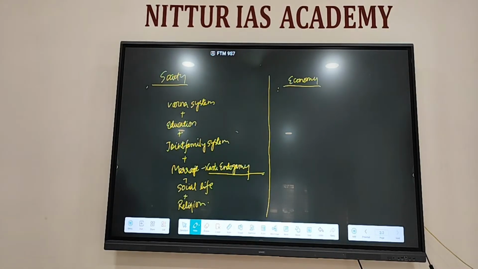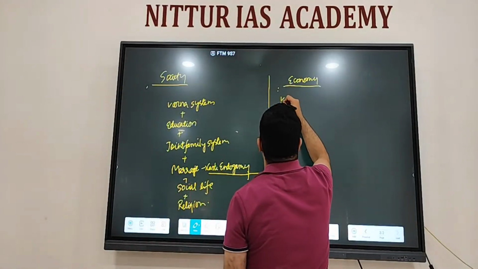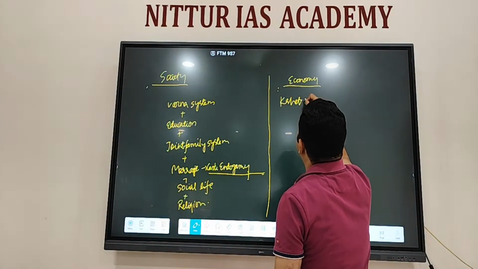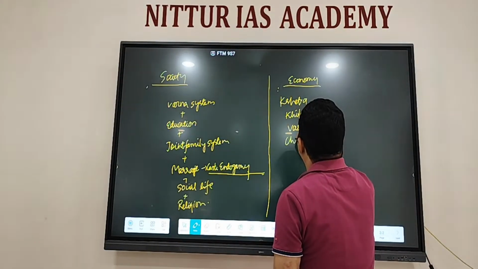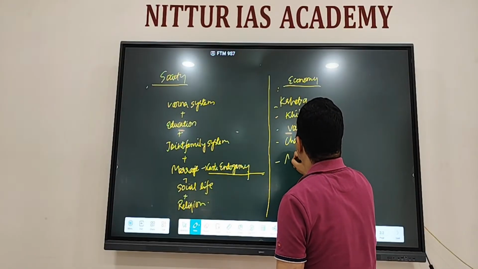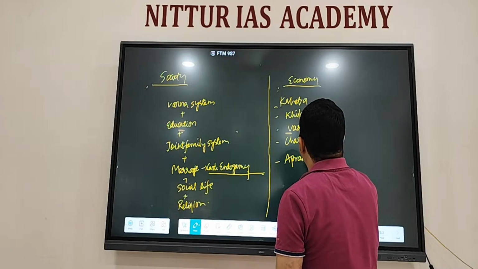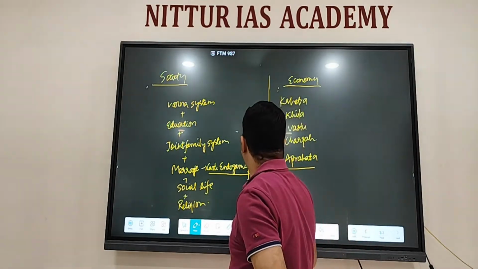Next we read five types of land. Five types of land are mentioned.